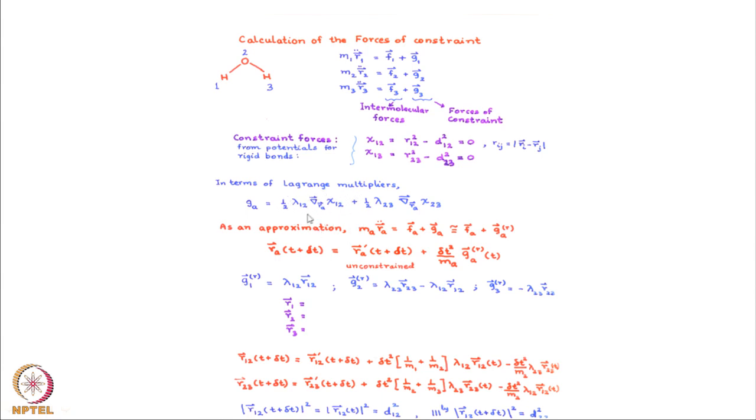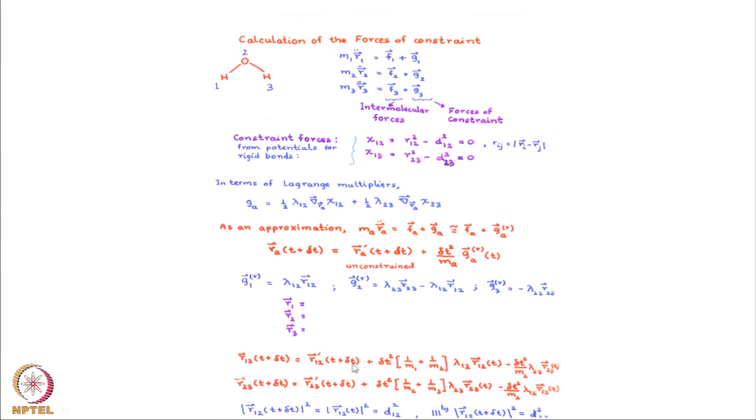So, what is done? The whole thing is linearized. Okay. So, this is a method of linearization. So, you need to basically find lambda 12 and lambda 23. So, you rewrite the equations for constraint, and the new positions, the new R12 and the new R23, okay, that should be the unconstrained move plus the constraints.